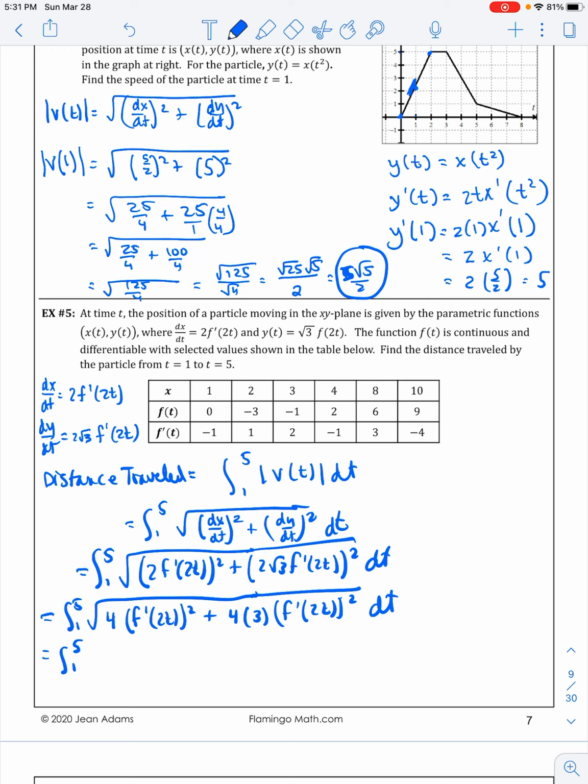And then these are both f prime of 2t squared. So I've got 4 and 12. So I've actually got the square root of 16 times f prime of 2t squared.